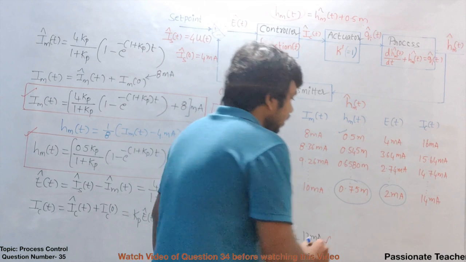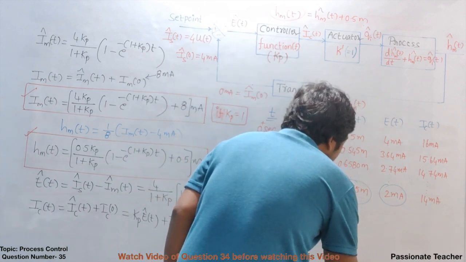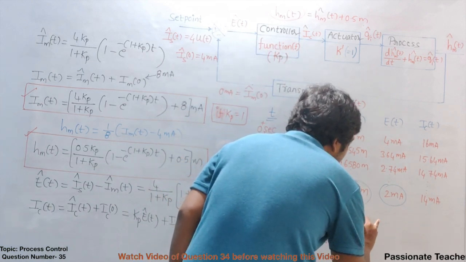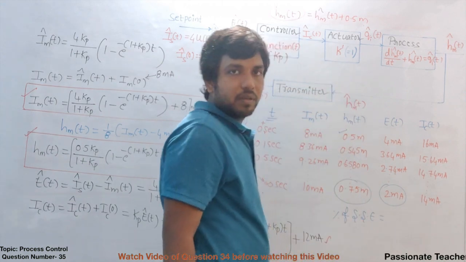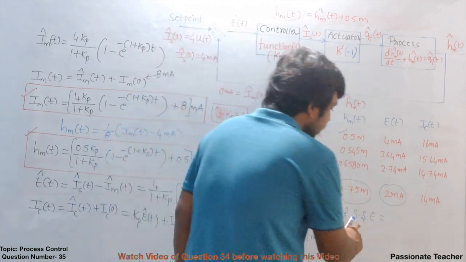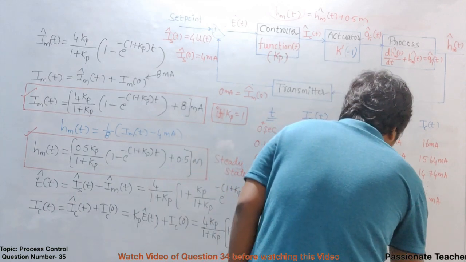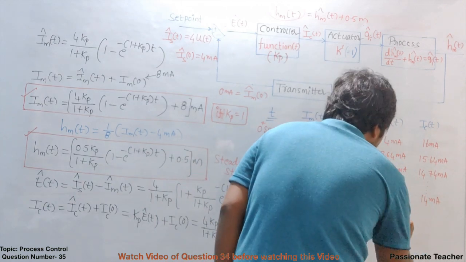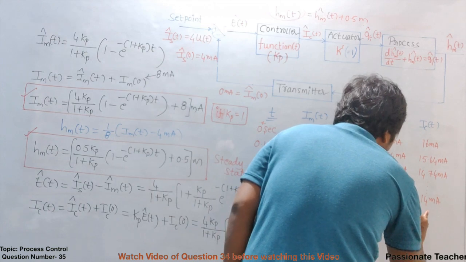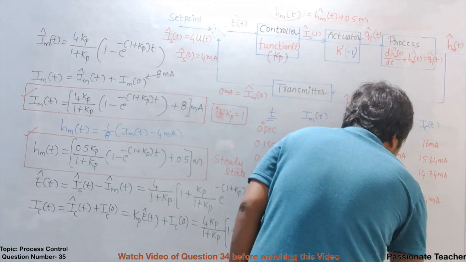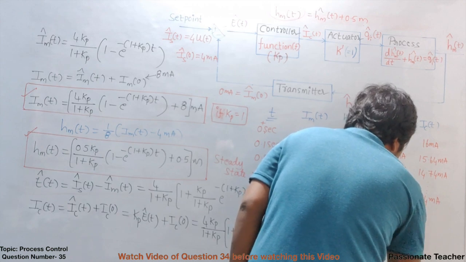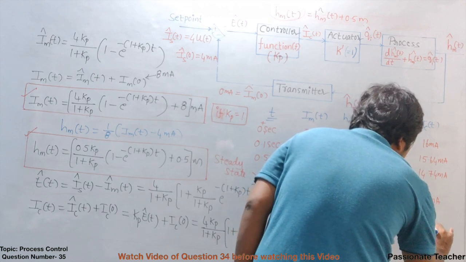So that means the percentage of steady state error can be given as the amount of error, that is 1 minus 0.75 in meter, divided by 1 meter, into 100.